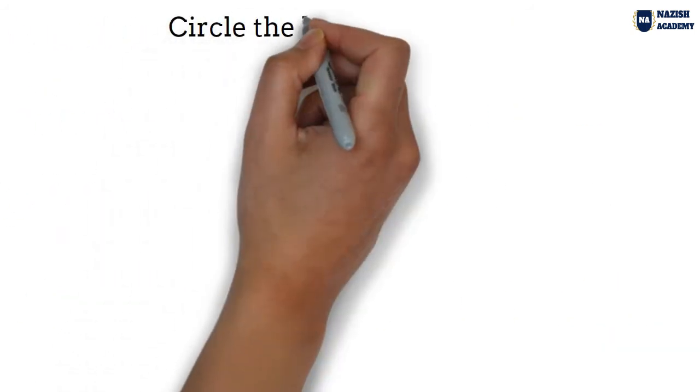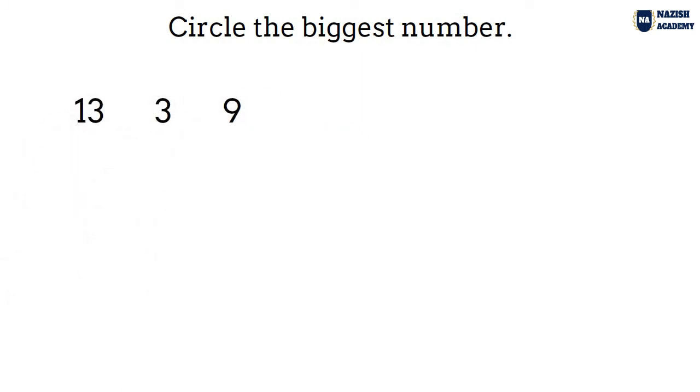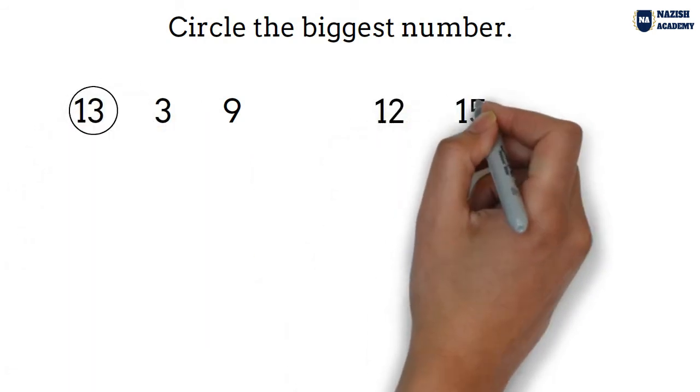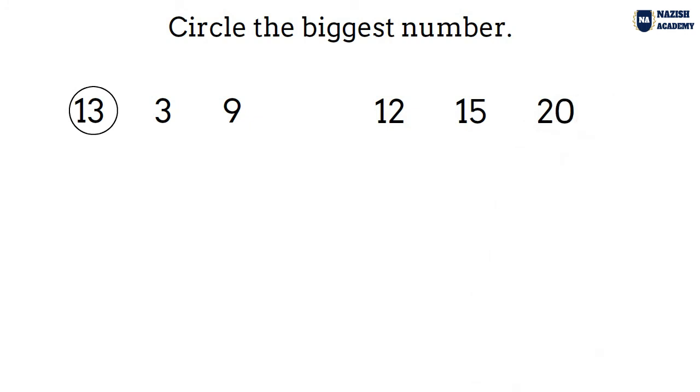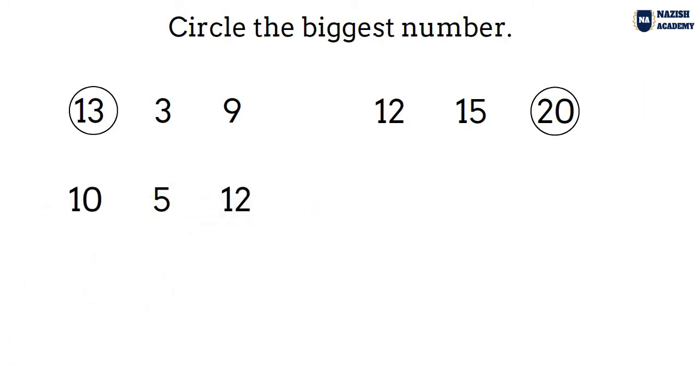Circle the biggest number. 13, 3 and 9. Which is the biggest? 13. 12, 15 and 20. 20. 10, 5 and 12. 12.